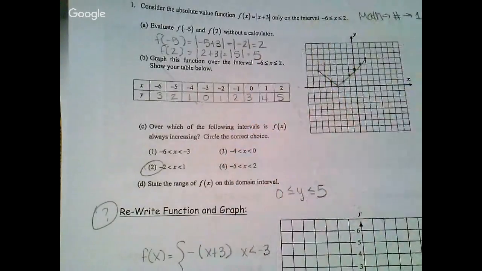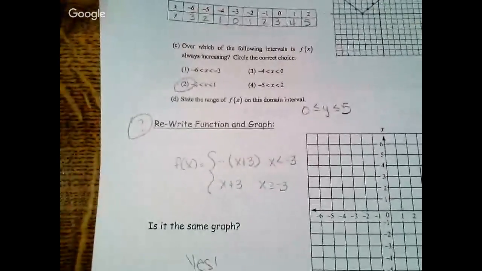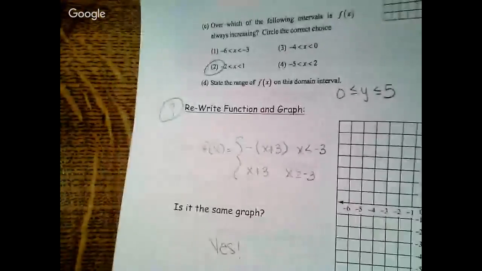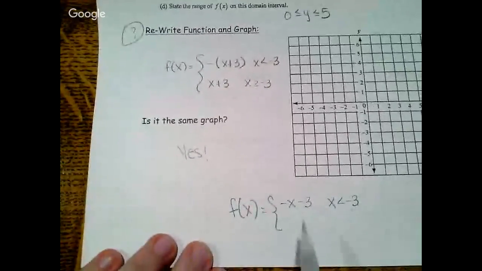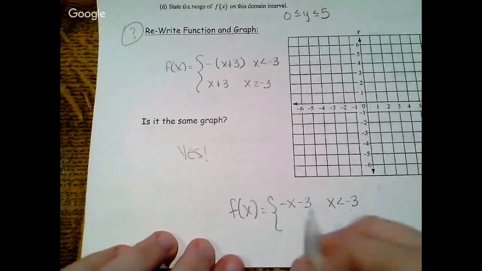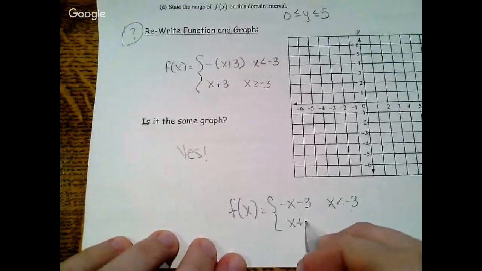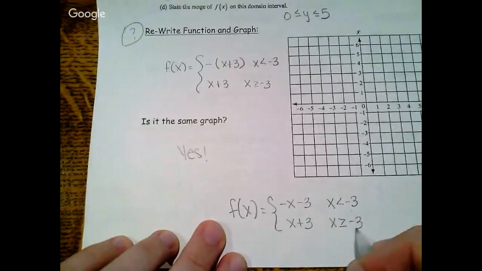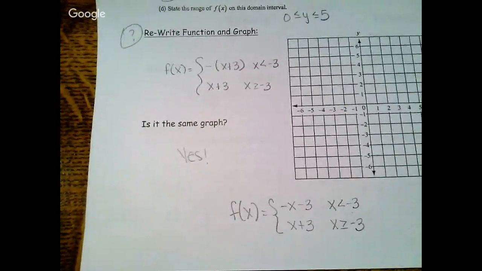So in order to avoid the absolute value function, the best way to do it is to negate the function, or multiply it by negative 1, on all intervals where x is less than negative 3. So I have it right here. But x plus 3 is for when x is greater than or equal to negative 3, which already turns positive like we just talked about.